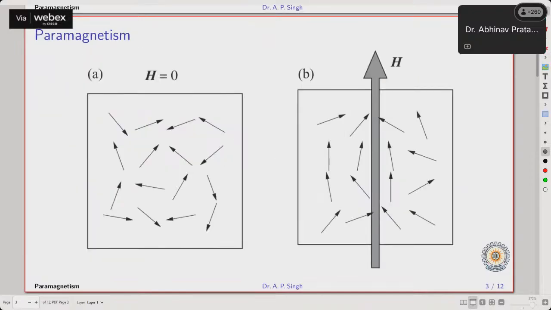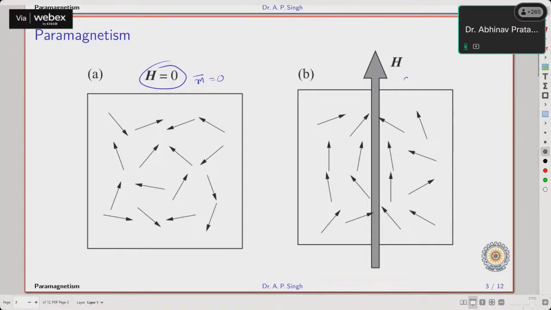As I said before, in a paramagnetic material, when you have not applied any magnetic field, all the dipoles are pointing in random directions, and the average value turns out to be zero. But when you apply the magnetic field, they are still pointing here and there, but overall they acquire some dipole moment along the direction of the magnetic field.